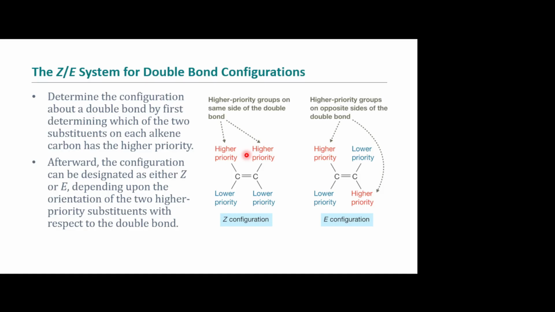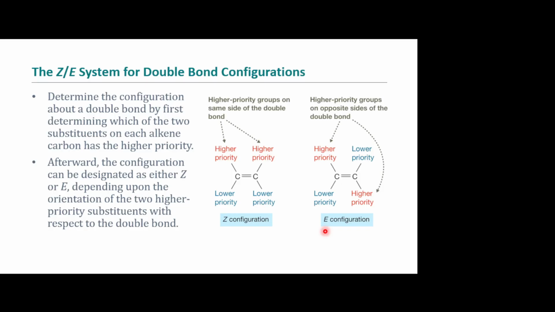E, on the other hand, these are going to be the opposite sides of that double bond or ring. And so your higher priority ones are on opposite sides. Interestingly enough, I typically remember this because E has a little part in the middle, right? And then two parts on the opposite sides of it. And so that's how I always used to remember it when I was in your position.